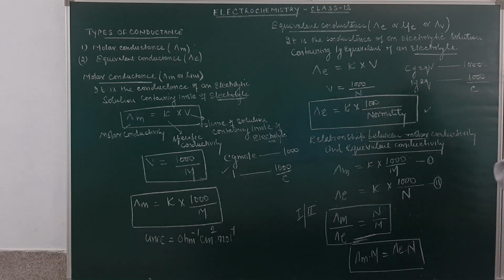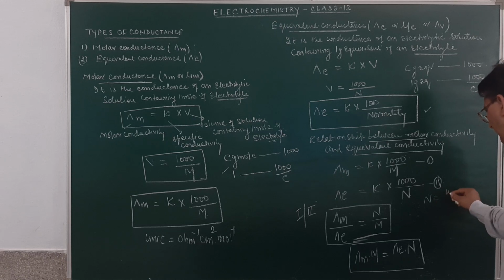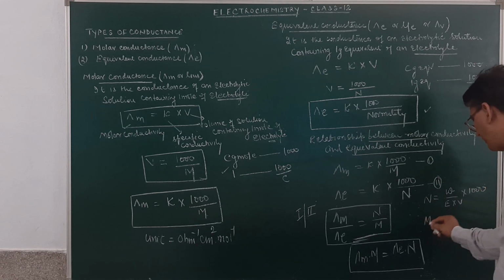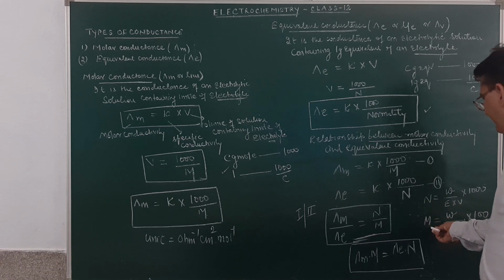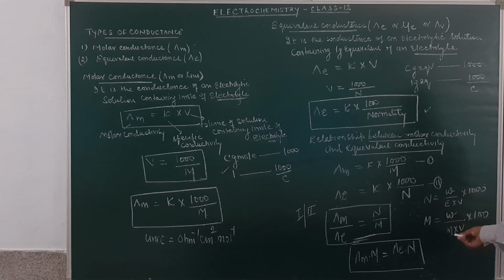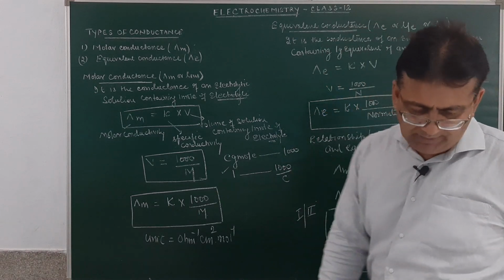Now, normality is given mass of the substance upon equivalent mass of the substance into V into 1000. Similarly, molarity will be equal to given mass of the substance upon molecular mass of the substance into V into 1000. If we find the relationship between N and M, N upon M will be equal to the molar mass upon equivalent mass.